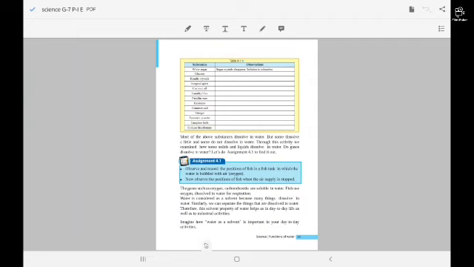So it has also written most of the above substances dissolve in water, but some dissolve a little and some do not dissolve in water. Through this activity we examine how some solids and liquids get dissolved in water.